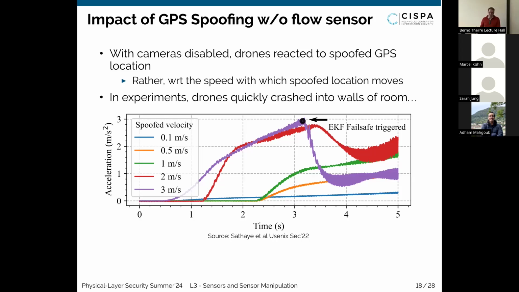I'm drifting away from location X. So let me try to compensate by essentially going in the other direction that I'm supposedly moving. And then, of course, this will result in a real physical location change. And the physical location change will actually not be reflected in the GPS updates, because the GPS updates are still spoofed by the attacker.